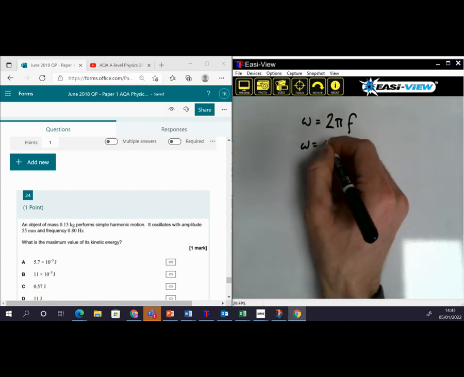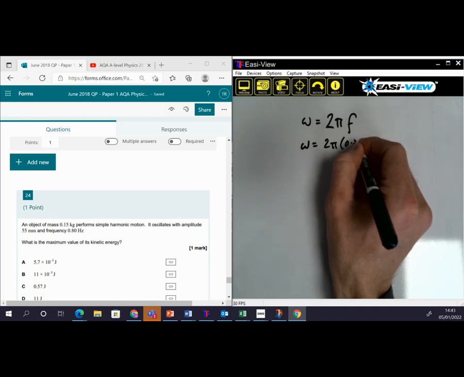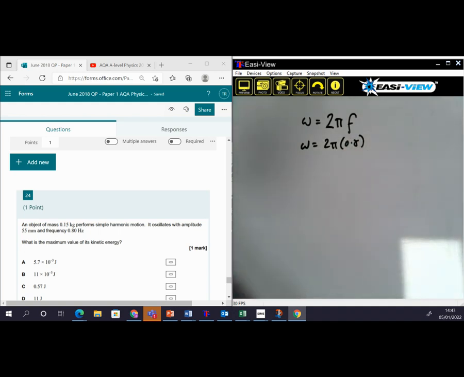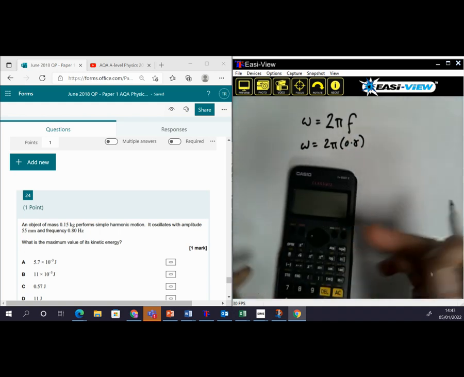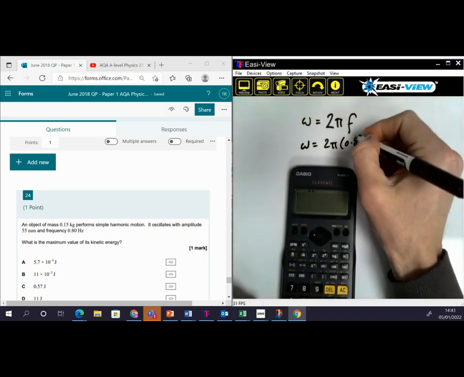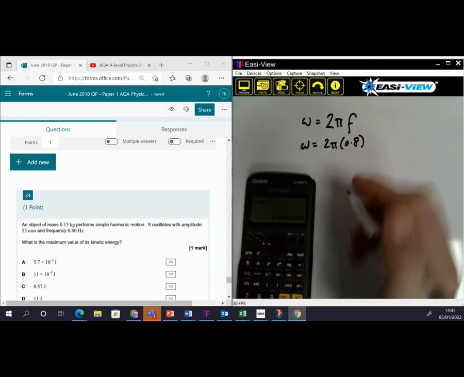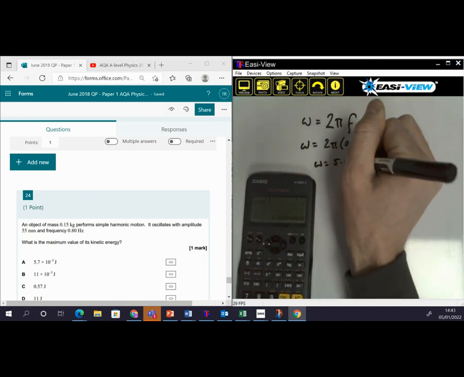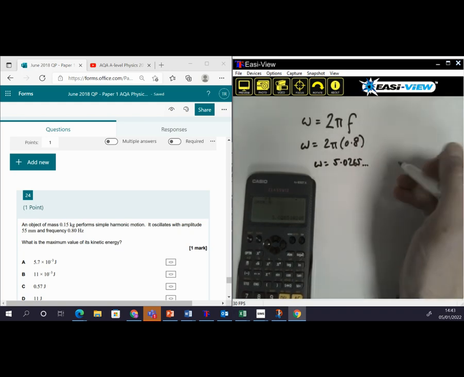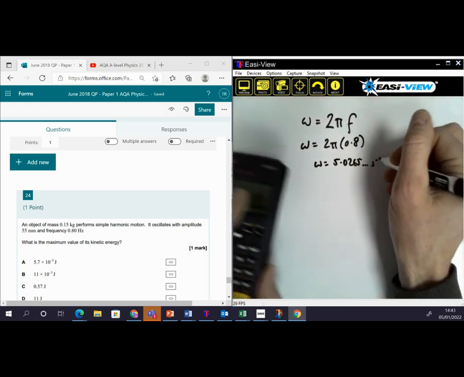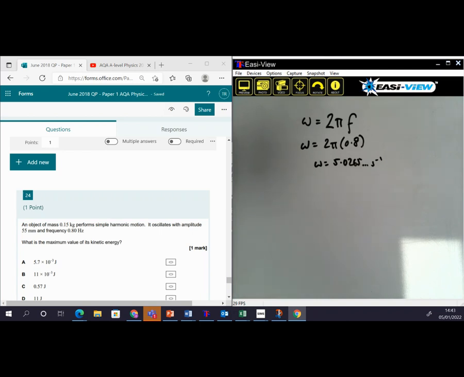So omega is 2 pi multiplied by 0.8. That's 1.6 pi, but I will do the calculation on my calculator. So 2 times pi times 0.8 gives me omega equal to 5.0265 and some other numbers, and that's radians per second. So that's my omega value.